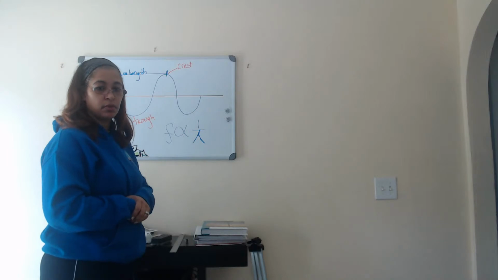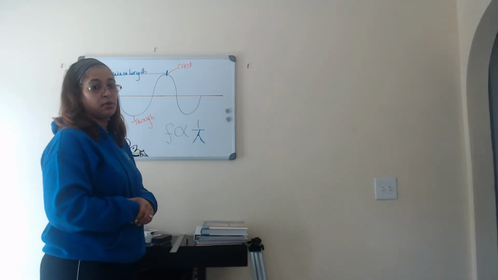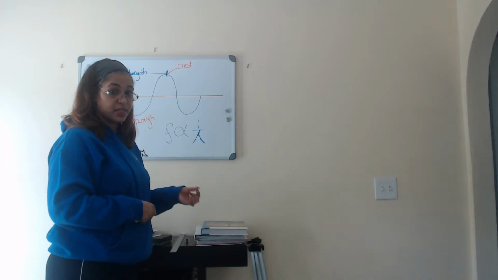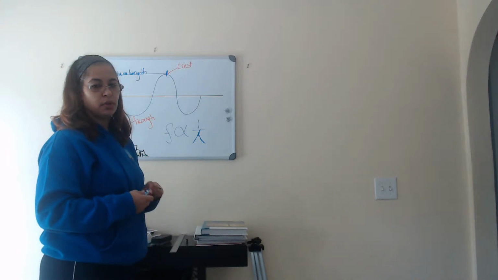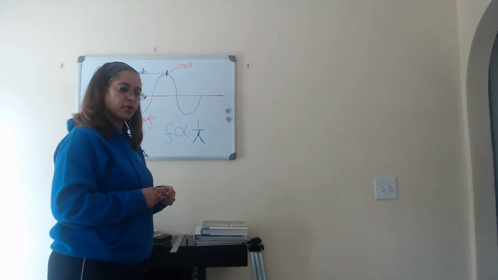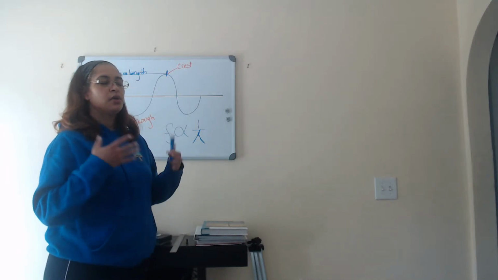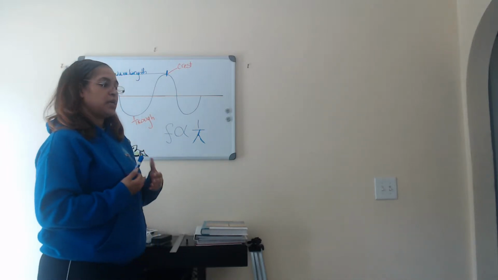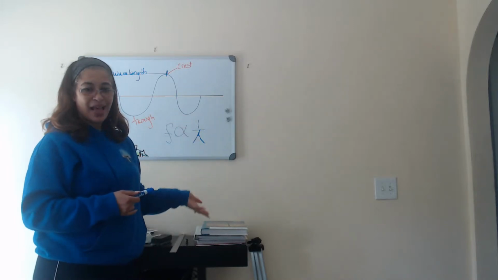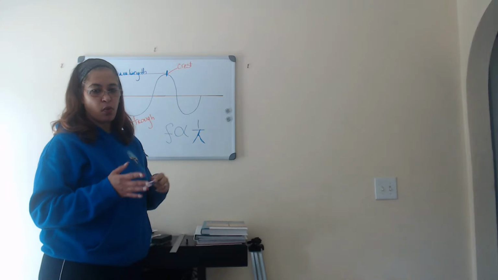Think about it. 1 divided by 2 is 0.5. 1 divided by 5 is 0.2. 0.2 is a smaller number. 0.5 is a bigger number. The frequency will be moving faster. So if you were to divide 1 by 10, it would be 0.1.